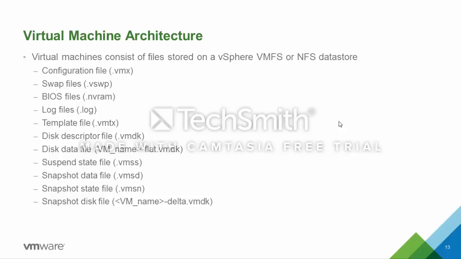So if you created for example, a 20 gig C drive, the 20 gig file would be fred01-flat.vmdk. This is the one that'll take up all the disk space.